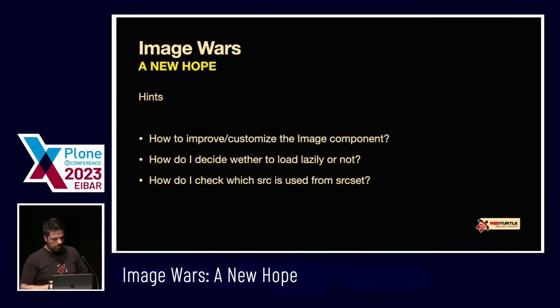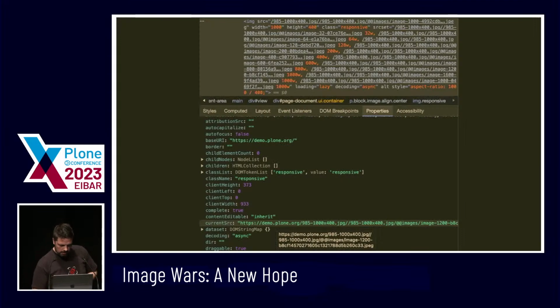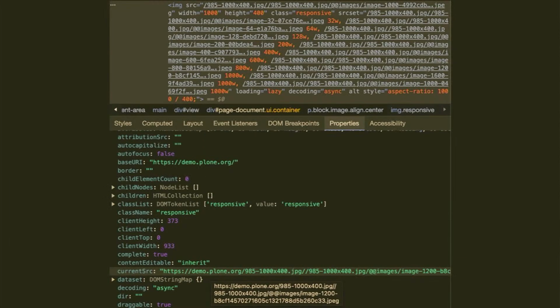And how do I check which source is used from the source set? That's the main debugging situation that you want to see. And I have an example as my last slide. When you select an image in the browser, you can actually go in the almost never used properties tab of the DevTools.